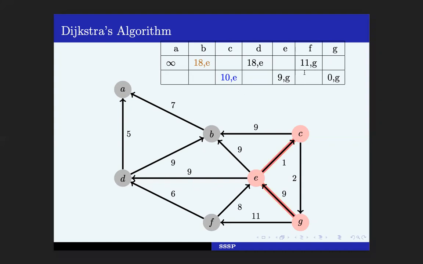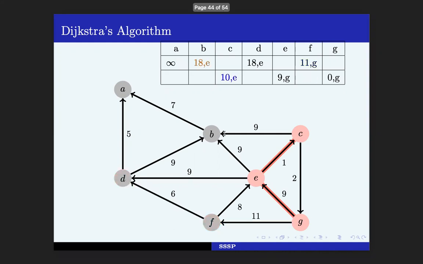The next one I take follows the same logic. The minimum of these three is 11. And once I do this, you see that for D, now there's a different river. I have created another bridge from F to D, so now I can reach D from two places.